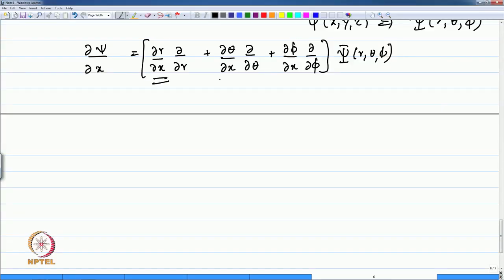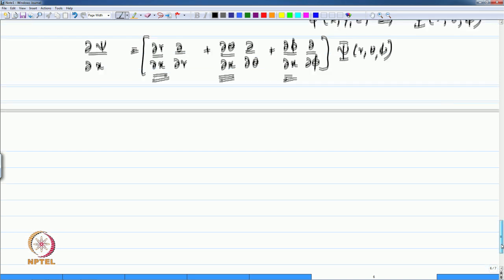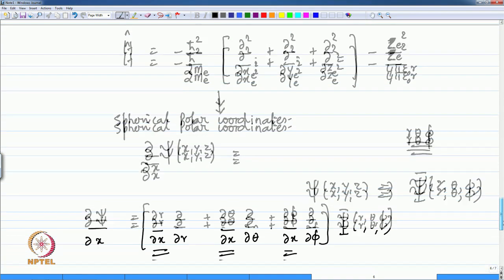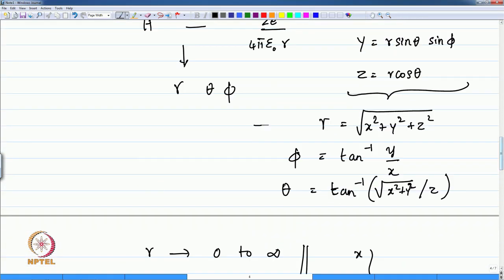And of course, you can calculate ∂r/∂x, ∂θ/∂x and ∂φ/∂x from the inverse relations that you already have. From this you can calculate the derivative of r with respect to x, y and z, the derivative of phi with respect to x, y and z, and the derivative of theta with respect to x, y and z.